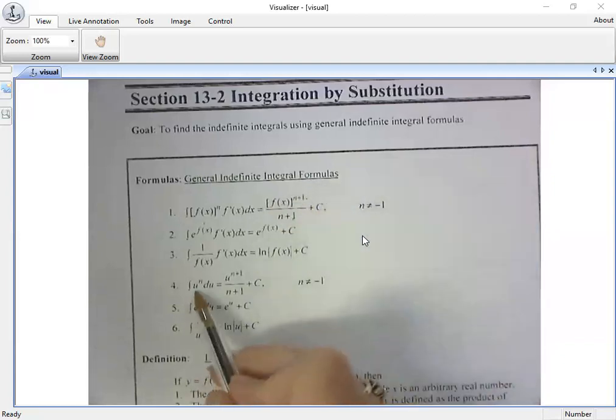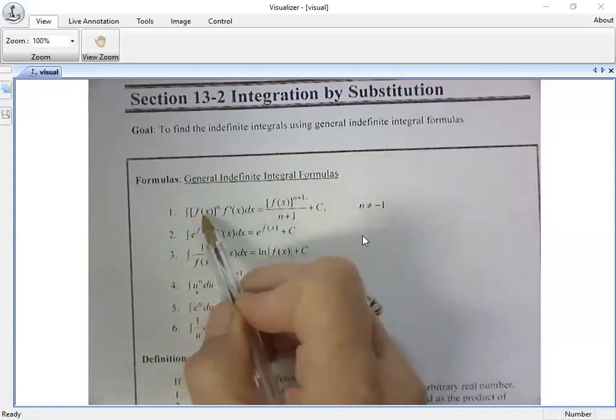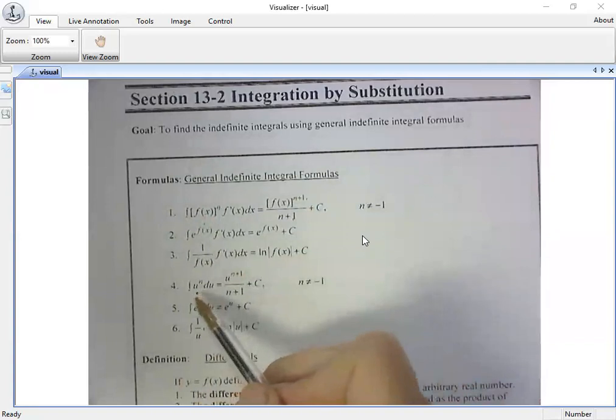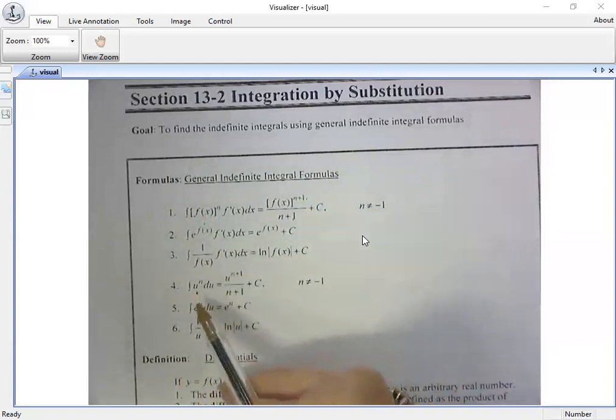Now, what we're going to do today is see maybe instead of it just being an x squared, maybe there's a bunch of other stuff with it. And so if we just change the other stuff, like maybe it's a parentheses raised to a power, we might be able to replace that parentheses with u, okay?